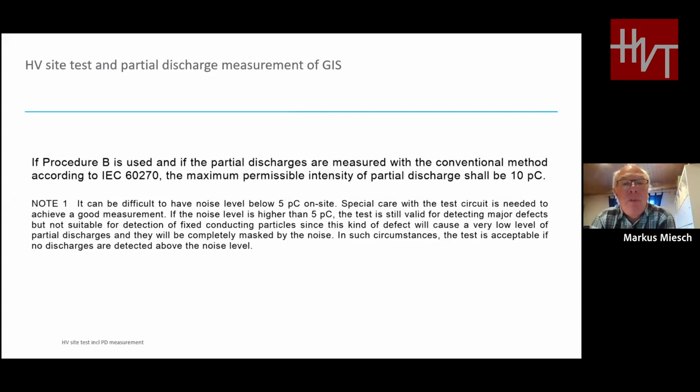If the noise level is higher than 5 pico, the test is still valid for detecting major defects, but not suitable for detection of fixed conducting particles, since this kind of defects will cause a very low level of partial discharge, and they will be completely masked by the noise. In such circumstances, the test is acceptable if no discharges are detected above the noise level.